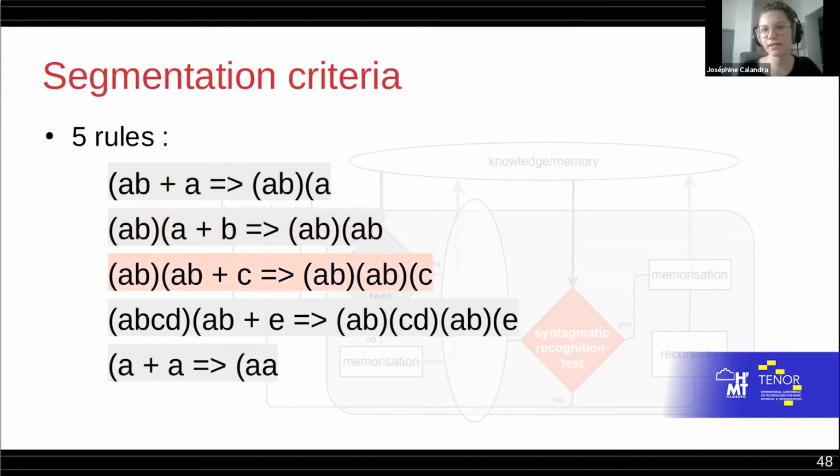The third rule indicates a structuring operation if a concatenated object matches an already seen higher level object. So here, as AB has already been structured before, it is structured here. The fourth rule indicates a structuring operation if a concatenated object that has not been structured before is seen again. So the first and the second occurrences here and here are structured.